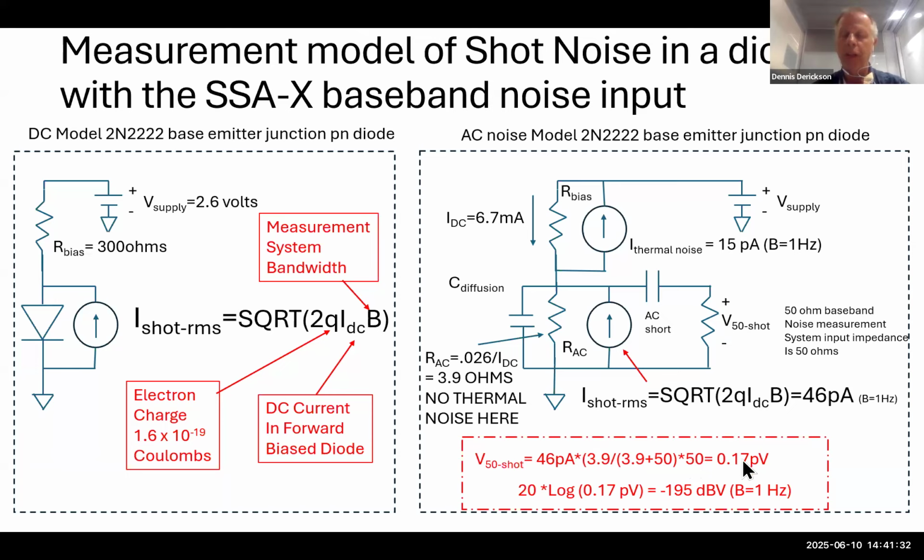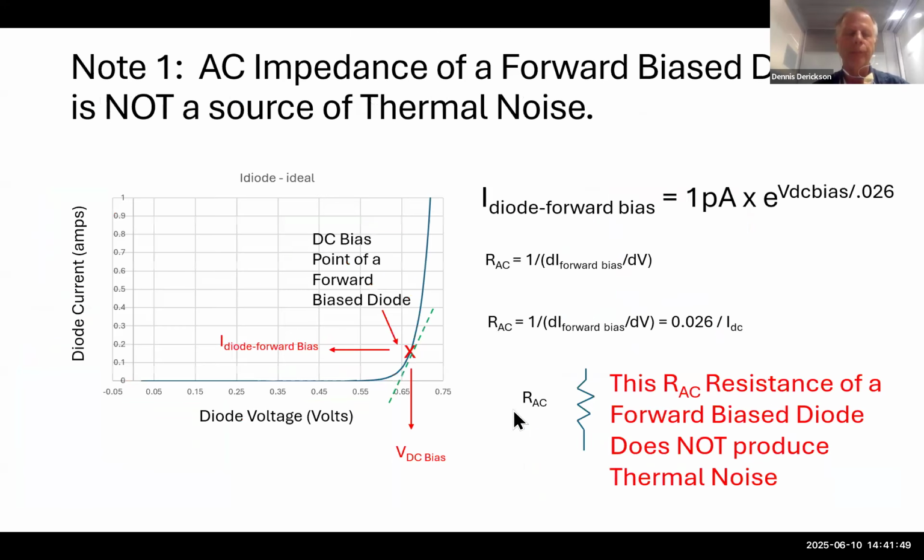Multiplied by 50, I get the resultant voltage. And if I do 20 log of that, I get minus 195 dB volts in a 1 hertz bandwidth. And that's what we should expect to measure in our SSA-X.